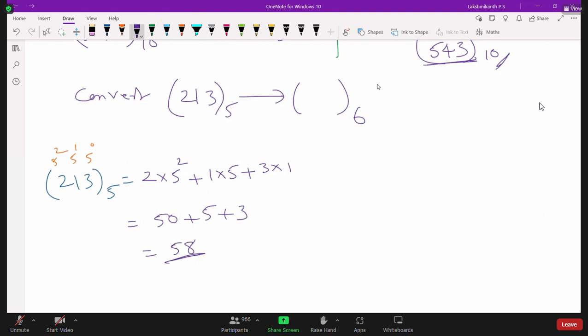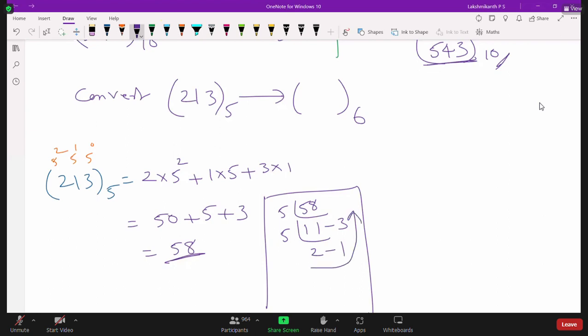Whether this is correct or not we can also verify. How can we verify? Convert this 58 into base 5 form. Divide 58 by 5. 5 goes 11 times, right? Remainder is 3. 5 into 2 is 10, remainder 1. Look at here: 2 1 3 are the remainders, right? 2 1 3 only we got.